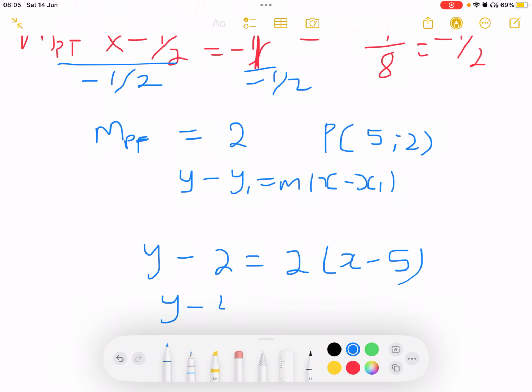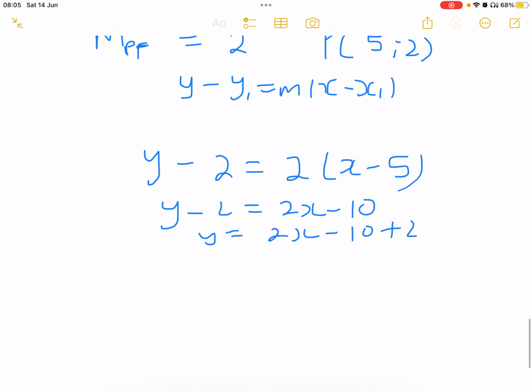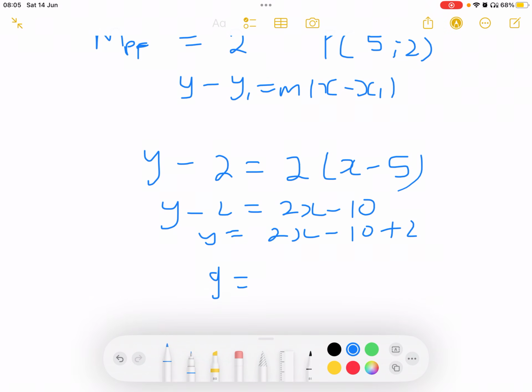Then y minus 2 is equal to 2x minus 10, and y is equal to 2x minus 10 plus 2. And if we are done here, y is equal to 2x minus 8.